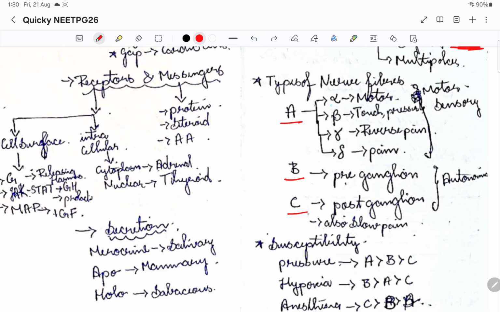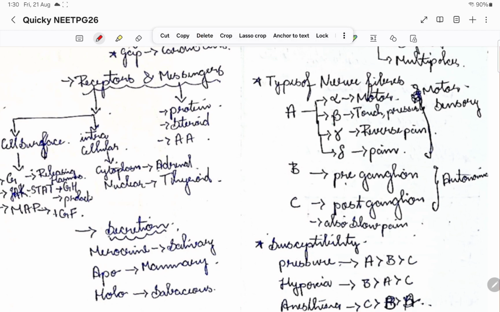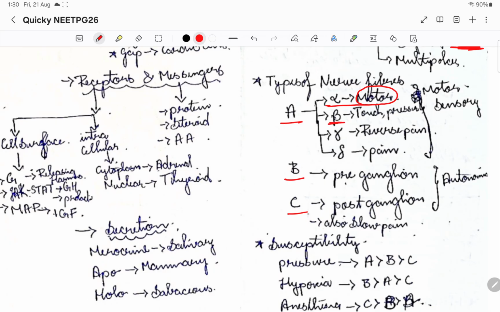So alpha fibers will carry the motor function, whereas the beta fibers will carry touch and pressure sensation. The gamma fibers will cause the reversal of pain, whereas the delta will carry the pain.